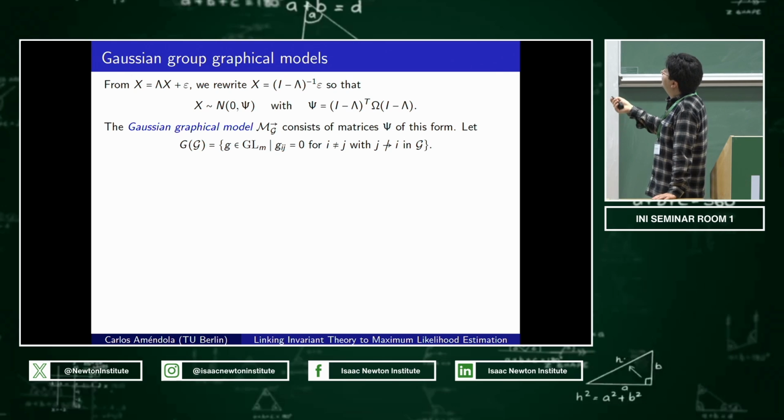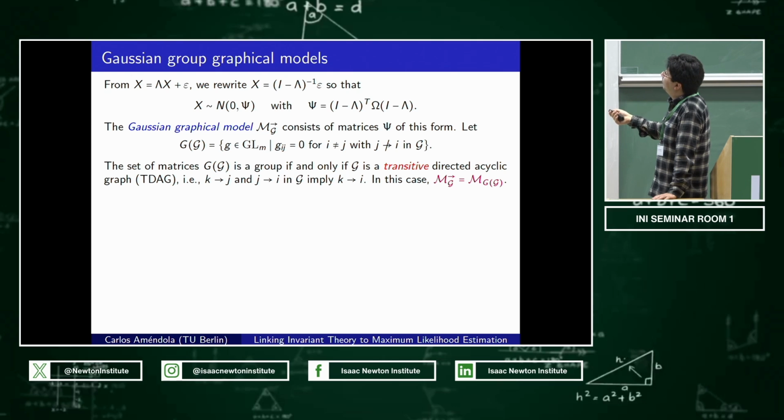And indeed, if we consider all g's that have zeros whenever there is no edge from j to i, then this G_G forms a group if the graph G is transitive.